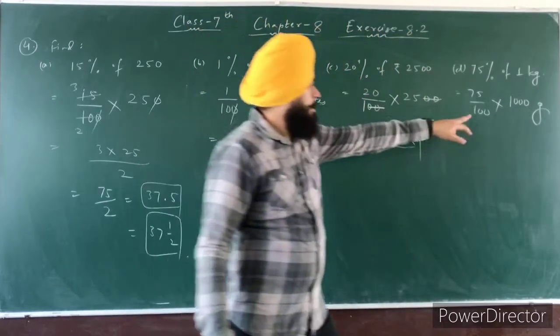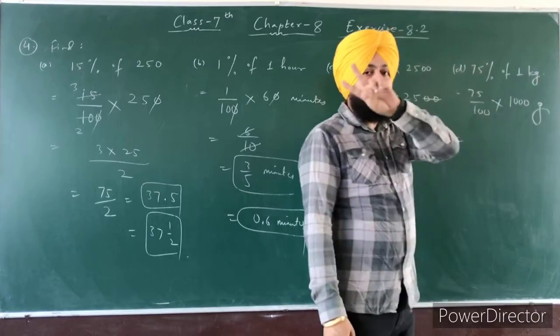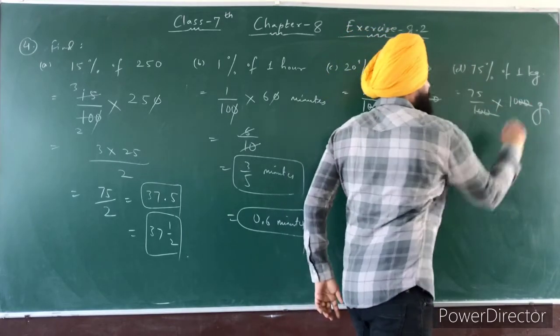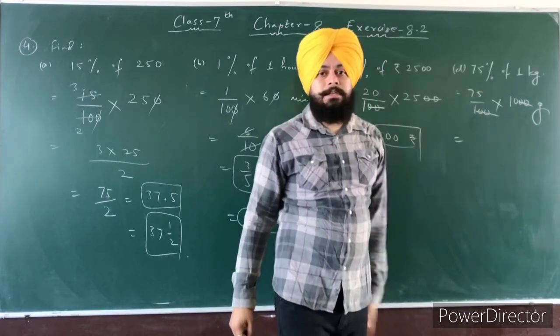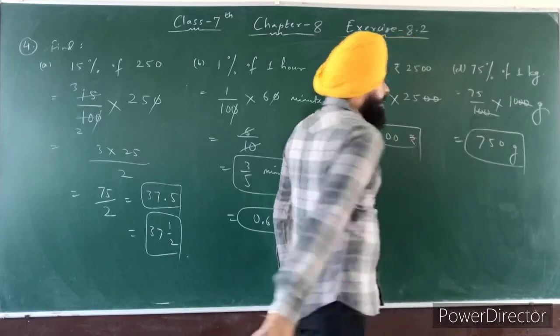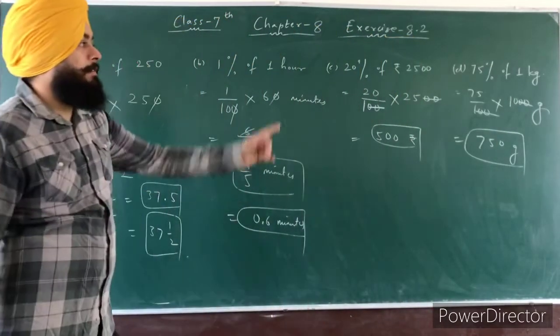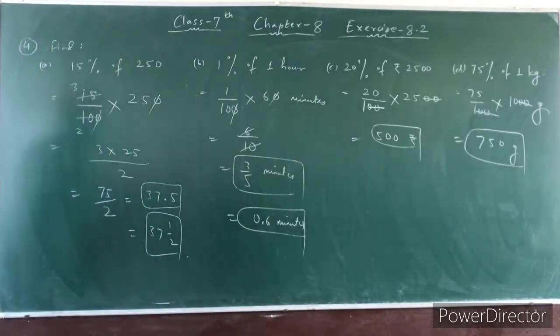Now you can see the denominator has two 0s and the numerator has three 0s, but you should cancel only two 0s. 1 2 1. So what is left is 75 and here 10. So 75 tens are 750. 750 grams. It means 75% of 1 kilogram is 750 grams. So this is your question number 4.